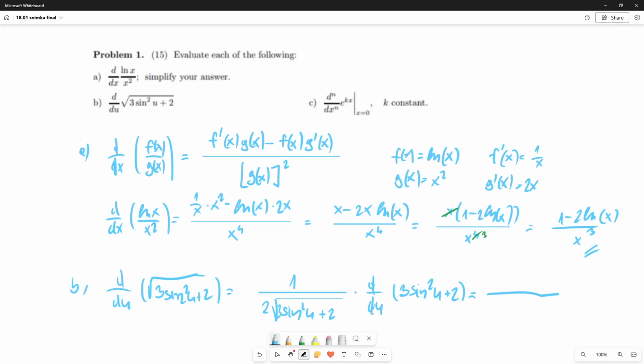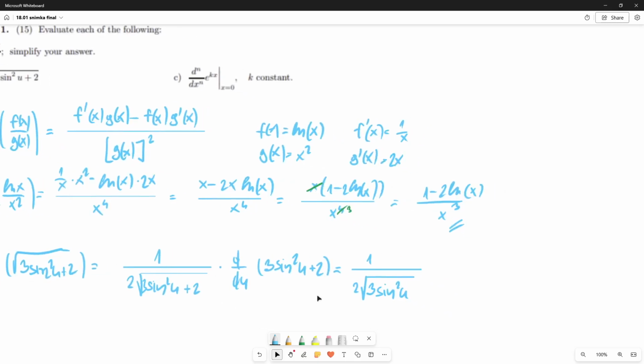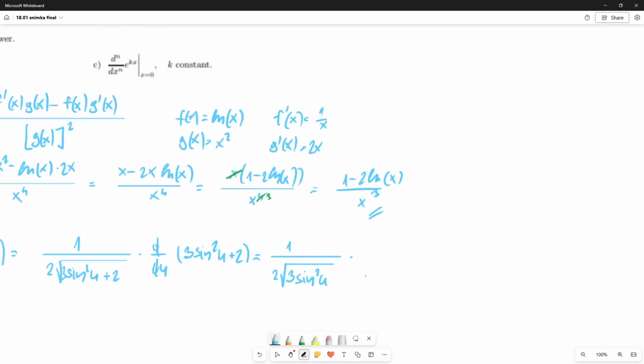Once again, we treat this as a composite function. Actually, we first treat it as a sum of two functions, but the derivative of the second function is 0, so we can just concentrate on the first one, 3 times sine squared of u. 3 goes outside.